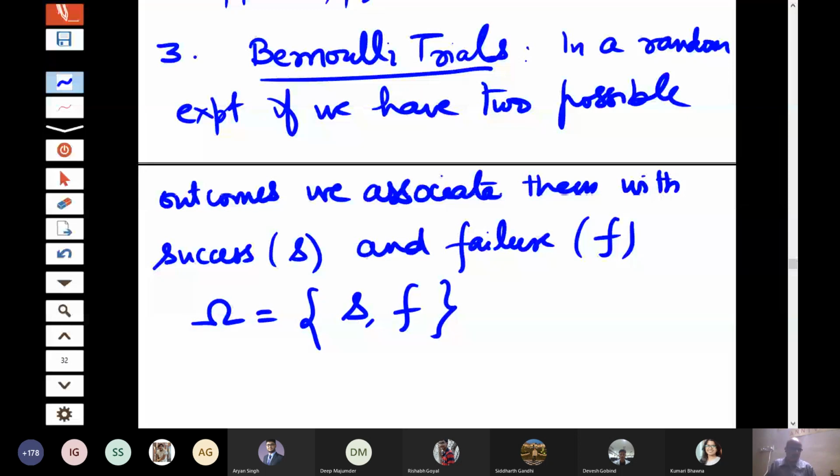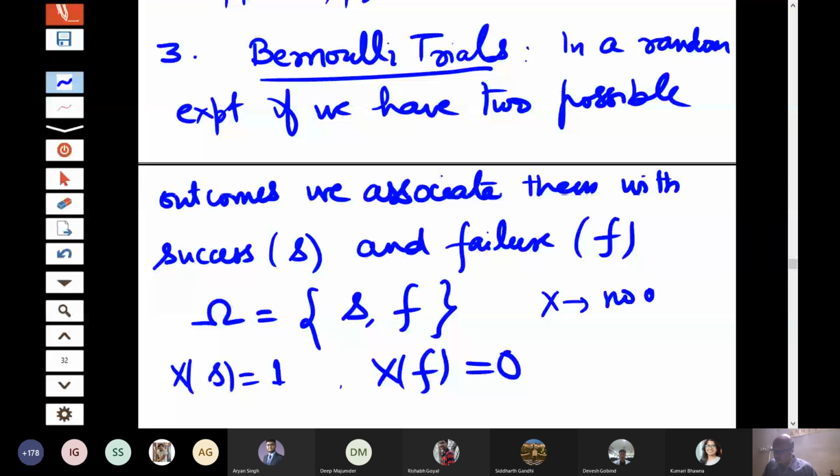These are known as Bernoulli trials, and we associate X of S as 1 and X of F as 0. That is, X is the number of successes.